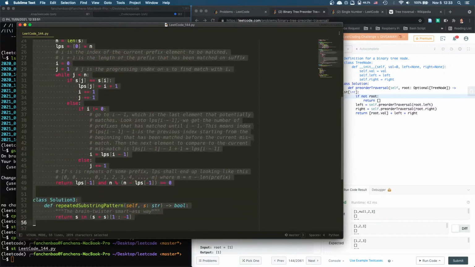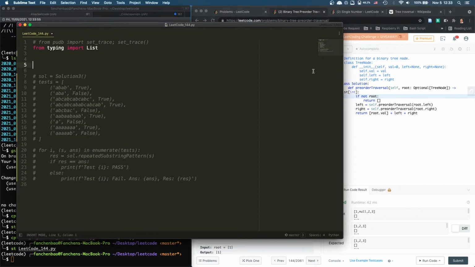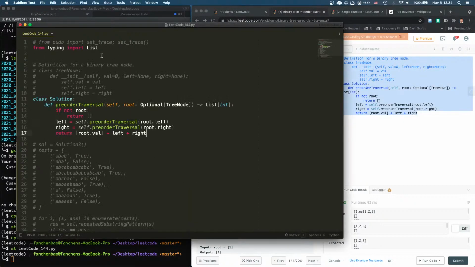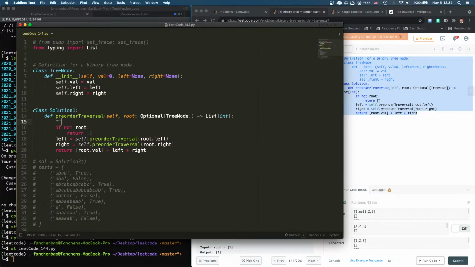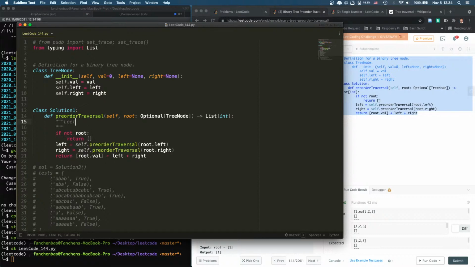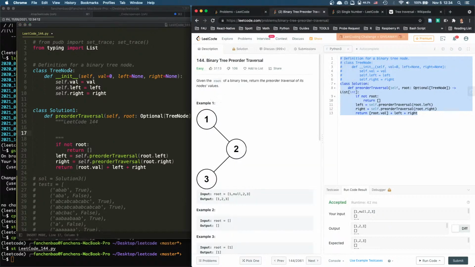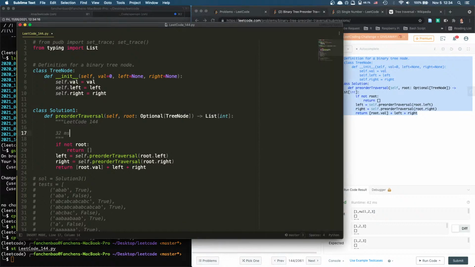So we're gonna put both solutions up. I call this solution 1. So the LeetCode 144, this one gives us, what's the time? 32. 68.